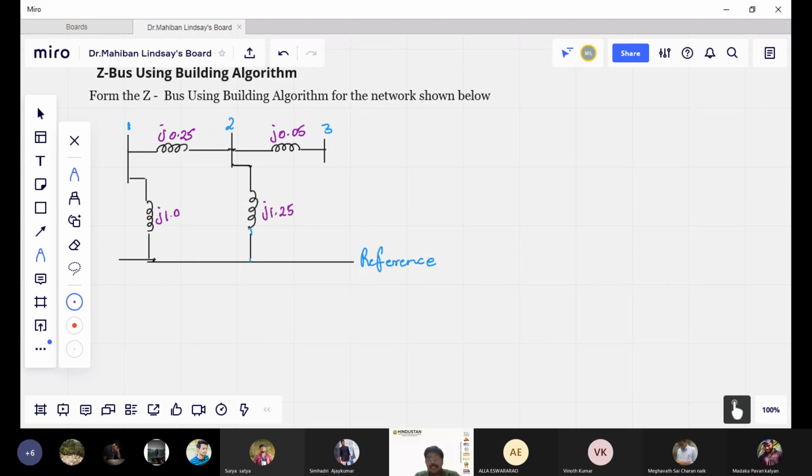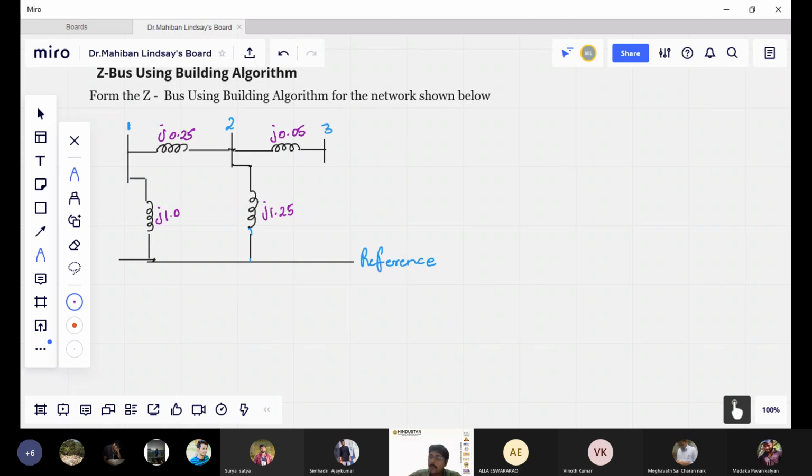If we start from the reference bus, it will be much easier, because the type 1 modification is about adding impedances between the reference bus and the new bus. Therefore, that value itself we can take as a matrix.